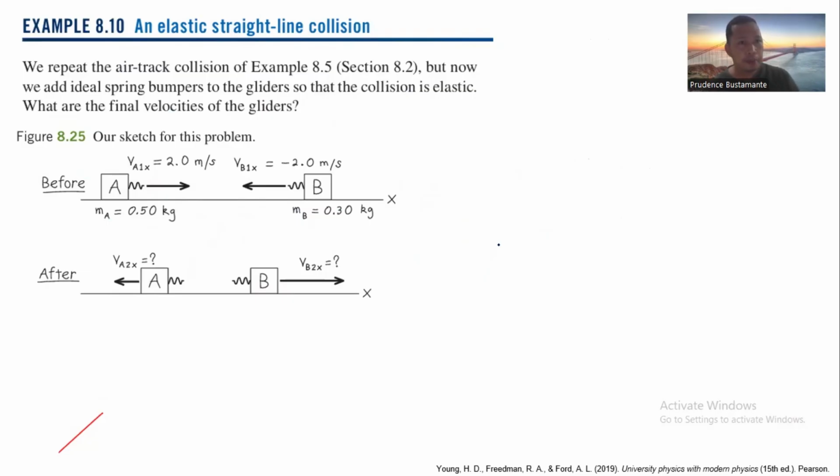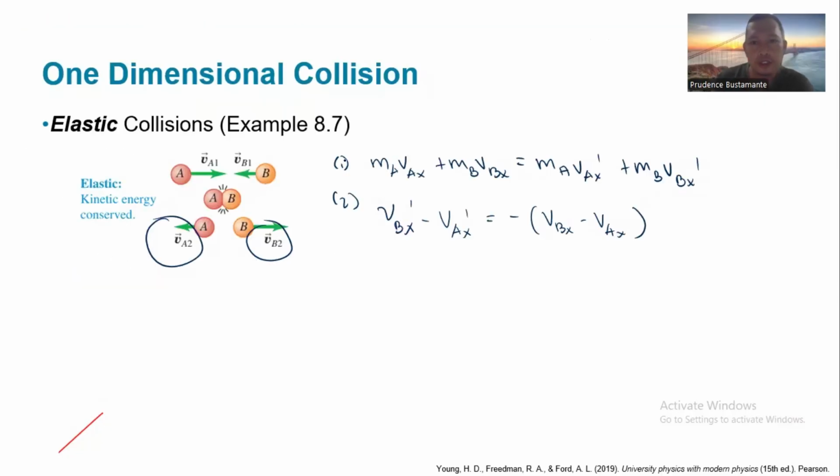We repeat the collision in example 8.5, but now we add ideal spring bumpers to the gliders, so the collision is elastic. What are the final velocities of the gliders? Okay, before we proceed, there are two unknowns. So the first equation would not stand alone. It needs another equation to support it.